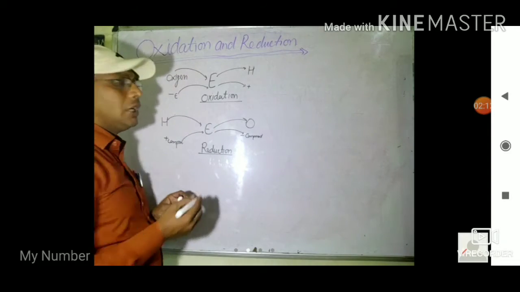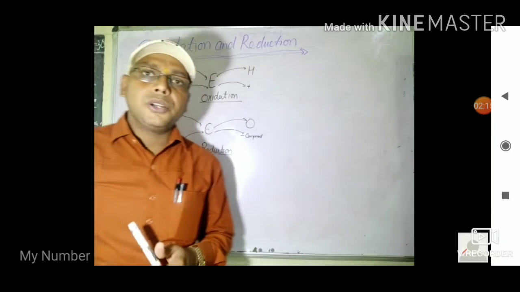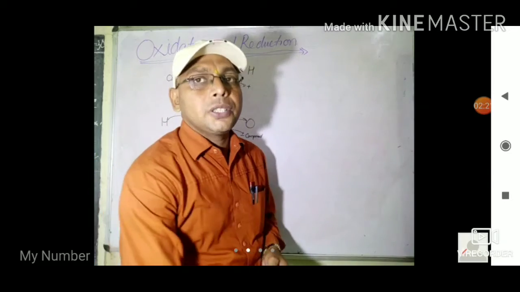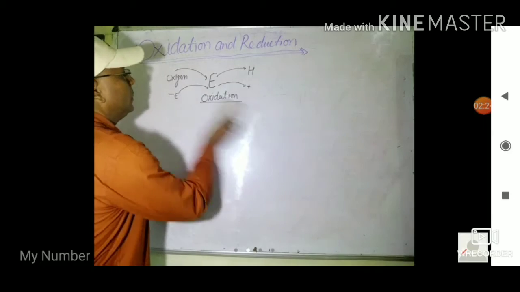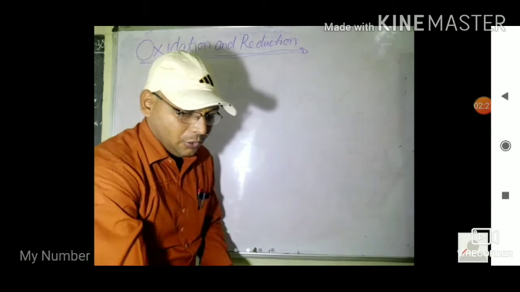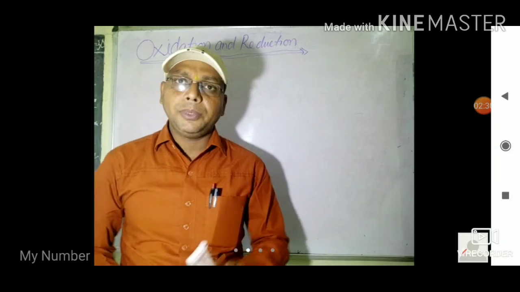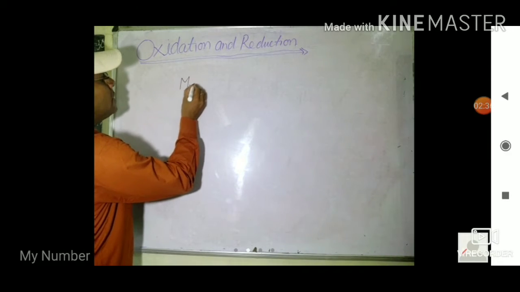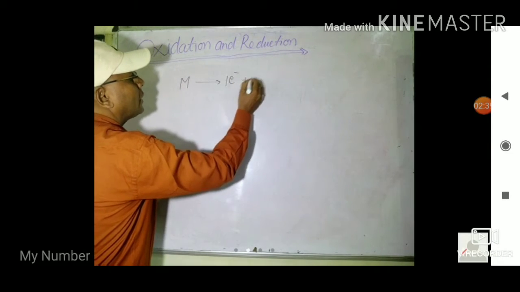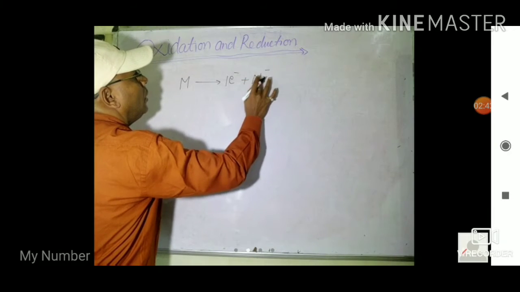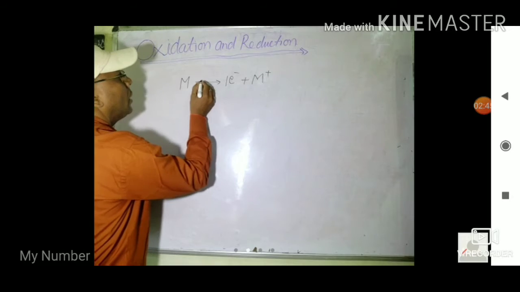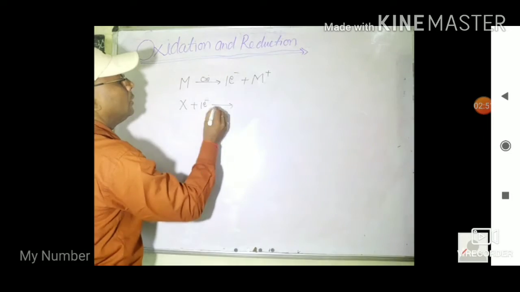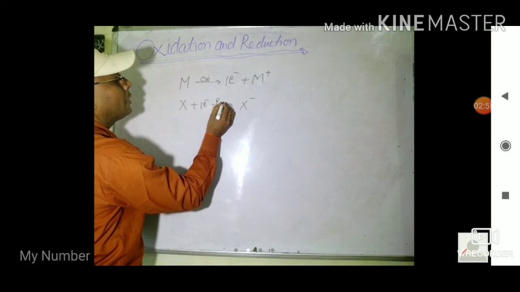Now the modern concept of oxidation and reduction depends upon the loss of electrons and gain of electrons. In this electron concept, when an element loses electrons, it is called oxidation, and when it gains electrons, it is called reduction.